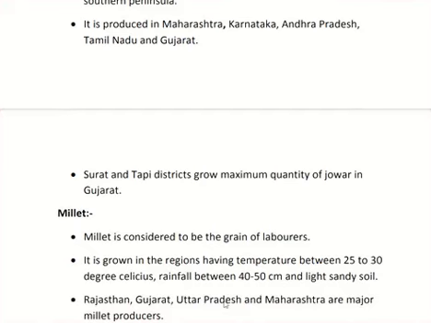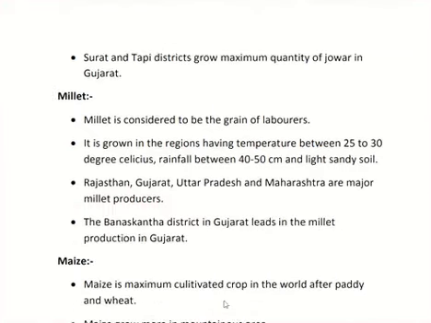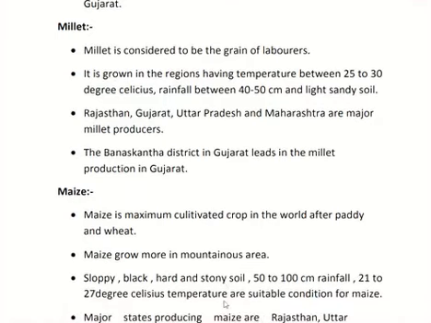Now, after jowar, the fourth food grain is millet. What is millet? बाजरा जिसे कहा जाता है, bajra, food grain. Millet is considered the grain of laborers because laborers prefer bajra, and bajra is good for hard workers, those who work hard physically, not mentally.